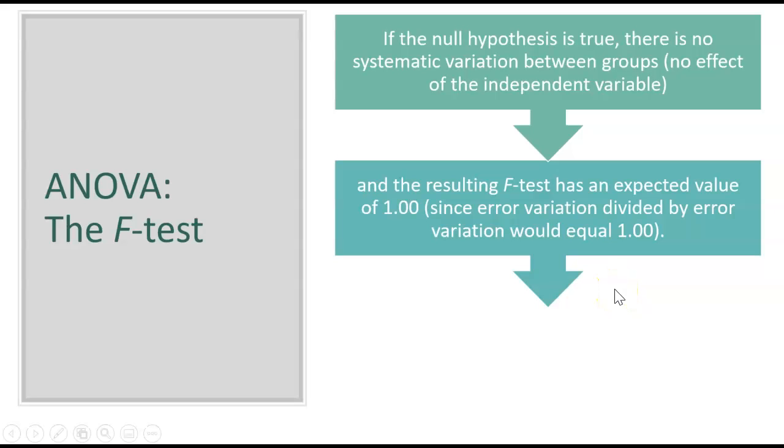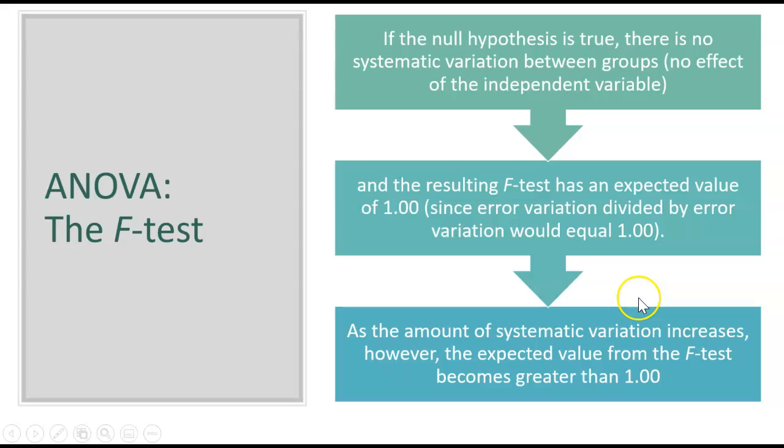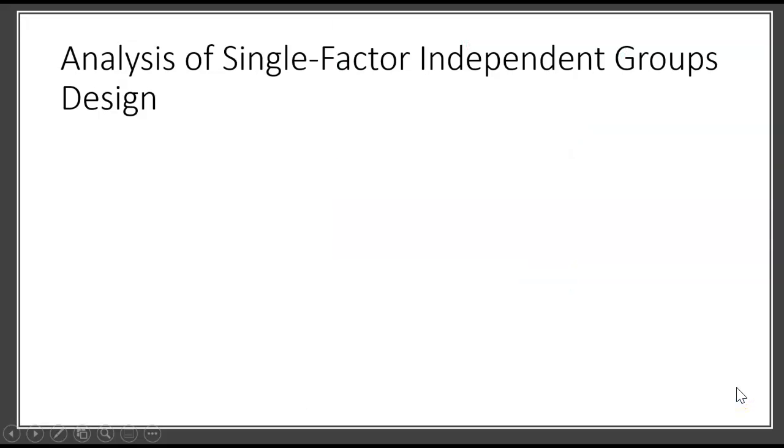So if there's absolutely no effect, you're going to be left with an F-test value of 1. So, ultimately, as the F-test gets greater and greater than 1, that value becomes more likely to be declared significant.